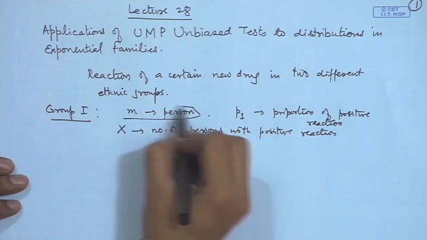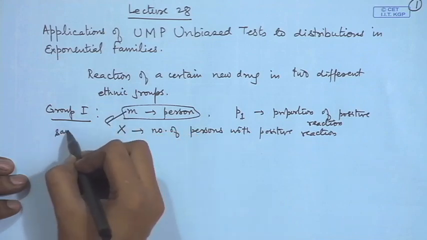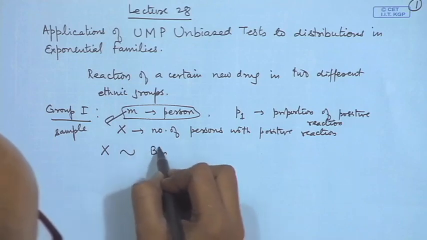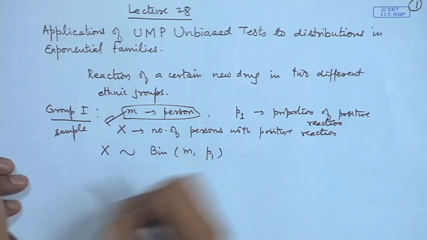If I am considering a sample of m persons, then here we can write the model as x follows binomial m, p 1.